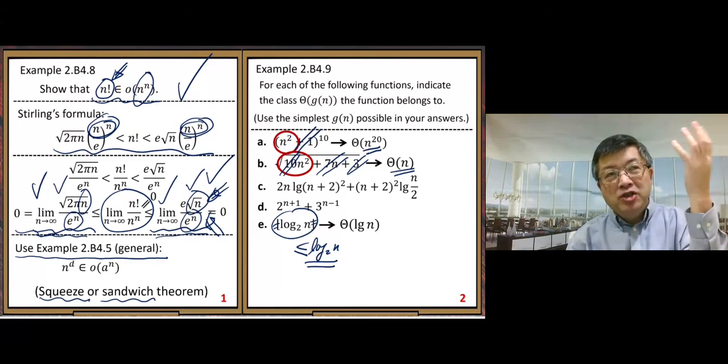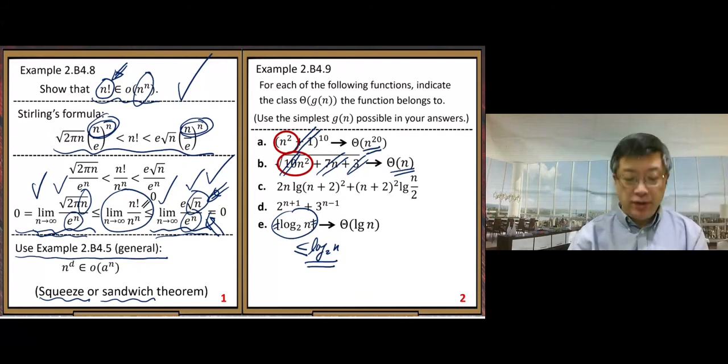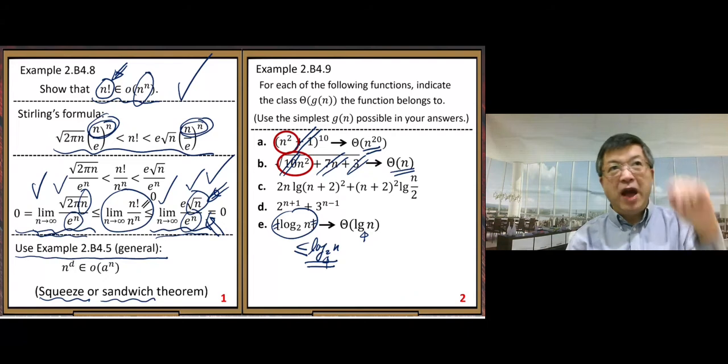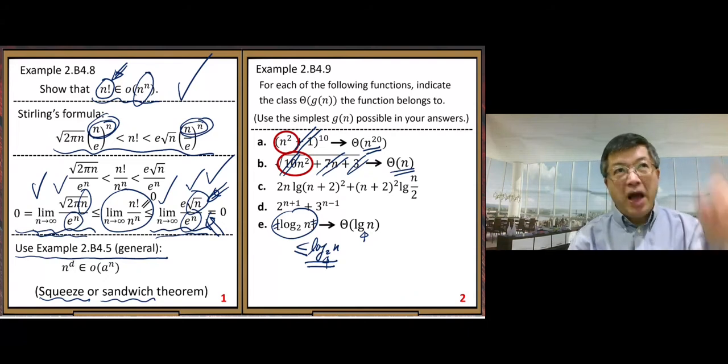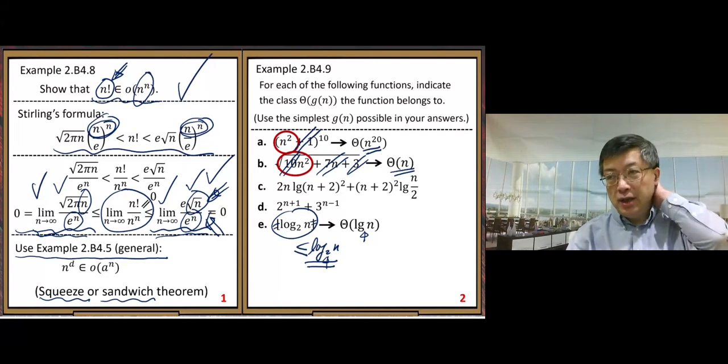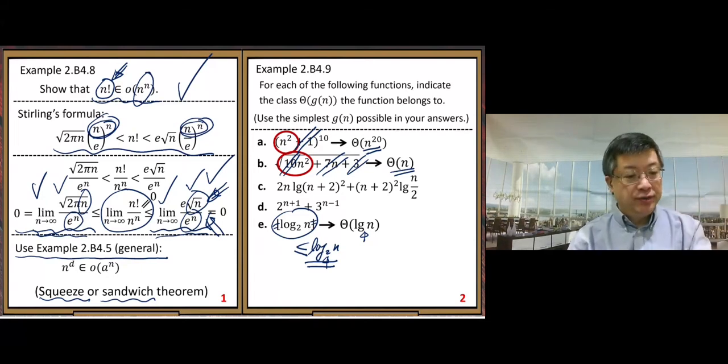If you know that base change formula, the base is not important. So any valid base works, the base number is not important. We will see that base change formula soon.